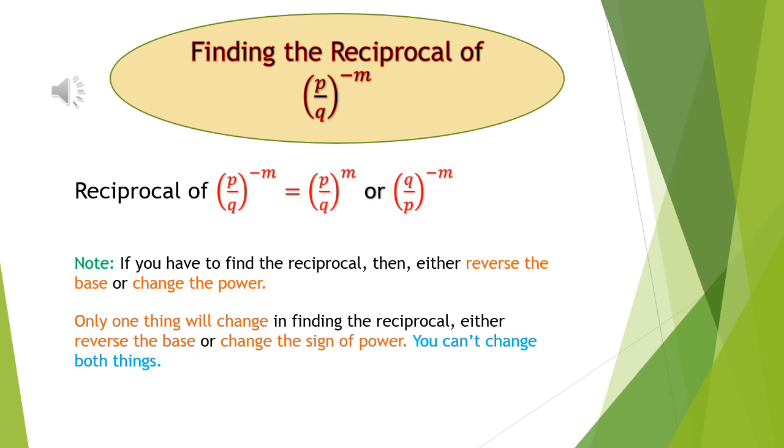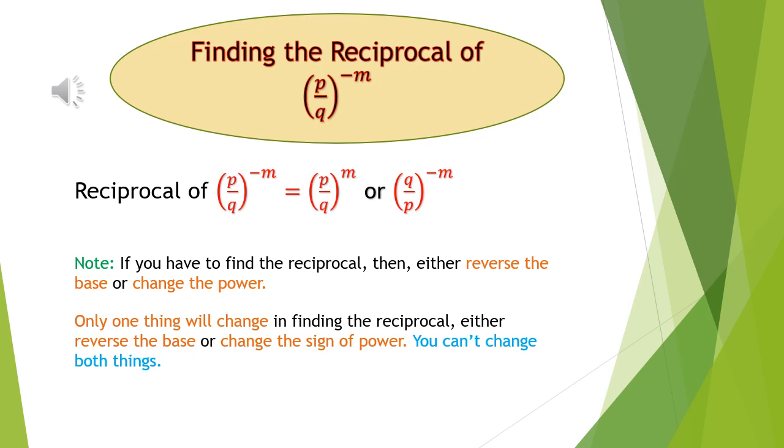It means p by q will be converted into q by p, reverse the base, and power minus m will remain as it is. So the reciprocal of p by q whole power minus m will be q by p whole power minus m. Or there is another way: keep the base as it is, p by q, and just change the power. Power will now become m.